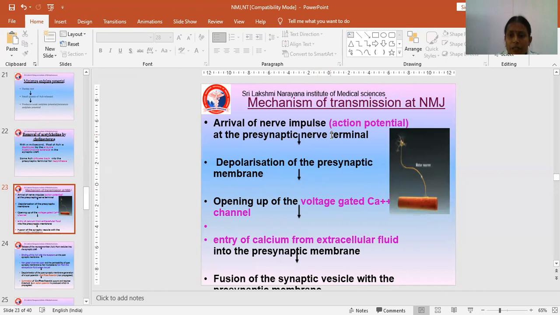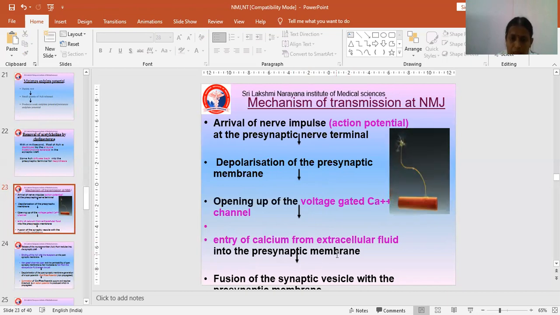Arrival of the nerve impulse at the presynaptic nerve terminal causes depolarization of the presynaptic membrane. This leads to opening of the voltage-gated calcium channels, allowing entry of calcium from the extracellular fluid.